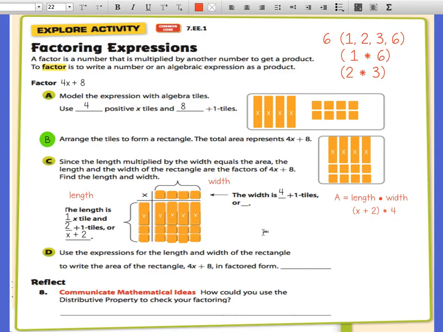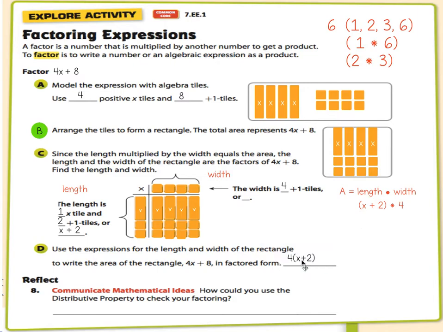But then now, to write it a little bit more neatly, we pull the 4 to the outside because we can rearrange it when it comes to multiplication, and we have 4 times x plus 2. So that's what's happening when you're factoring. You're pulling out a common factor of each of the numbers, pulling it out to the outside and keeping the rest inside the parentheses.